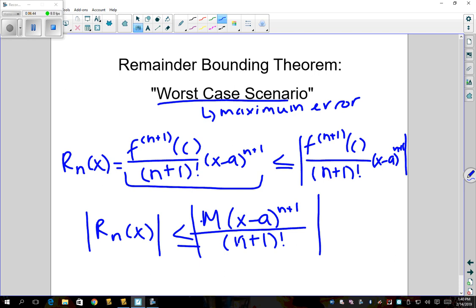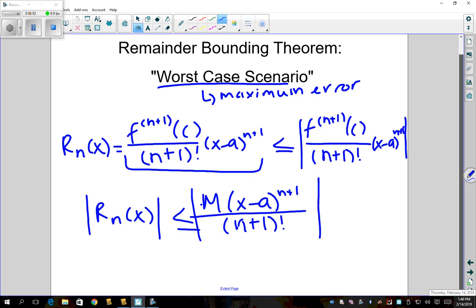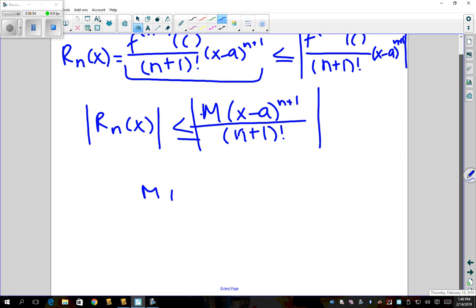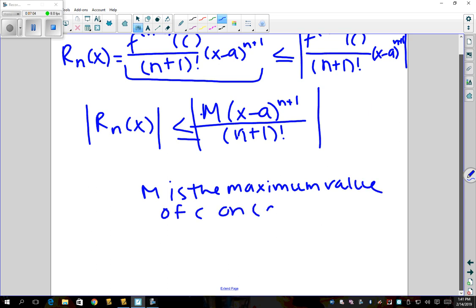And M, again, is kind of that maximum error bound. We normally just say M is the maximum value of c on the interval from a to x.